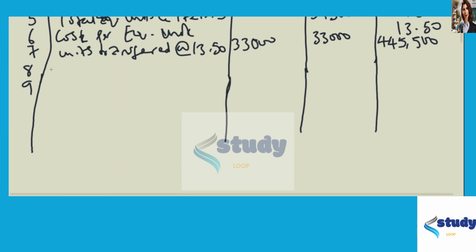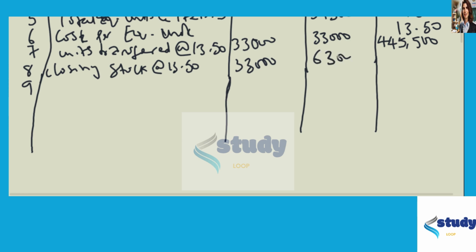Now the closing stock at 13.50 cost per equivalent unit is 6,300 and $85,050.